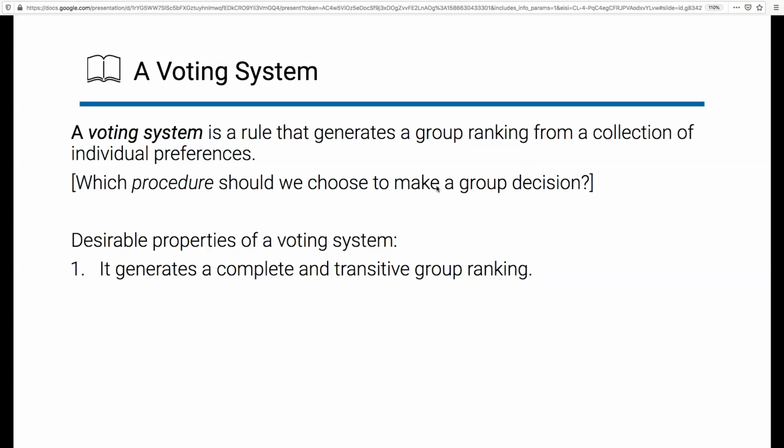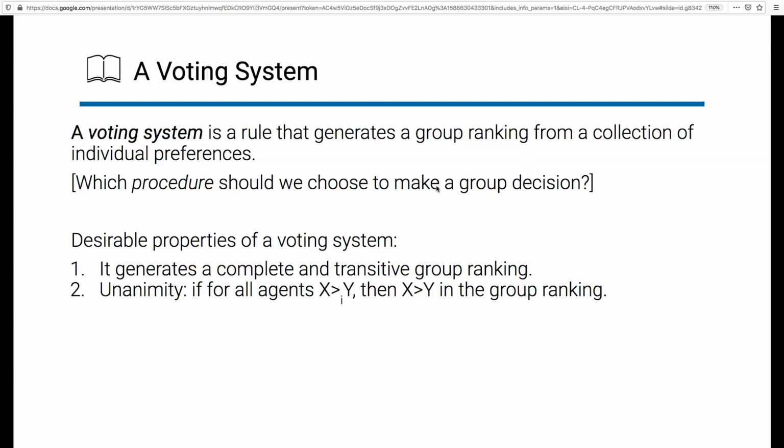Second thing that we want from the voting system is unanimity. That means that if all agents prefer alternative X to alternative Y, then in the group ranking, that preference has to be preserved. X should still be preferred to Y.